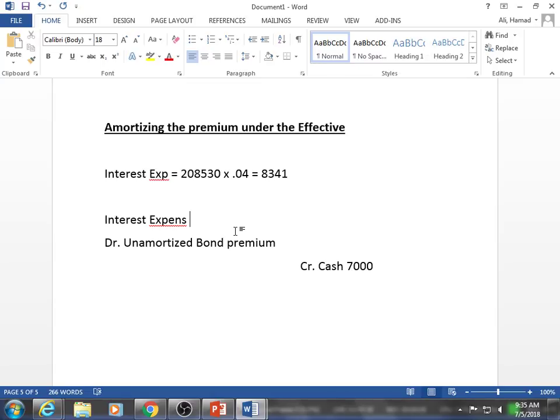Interest expense. Are they using a different interest rate for the premium in the book? They're supposed to be using the same interest rate. That's a straight line. Okay, and the premium. Okay, 7,000.